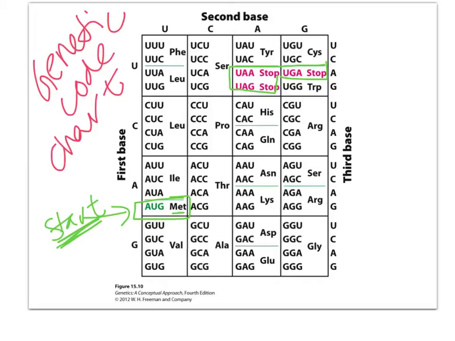So you can look at the chart and say, look, if we're going to do an example, one good example would be leucine. Okay, here he is, right here. How many codons code for leucine? 1, 2, 3, 4, 5, and 6.